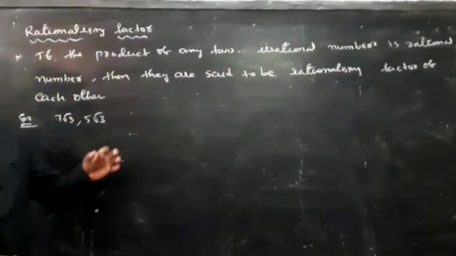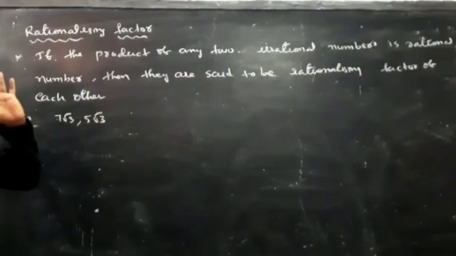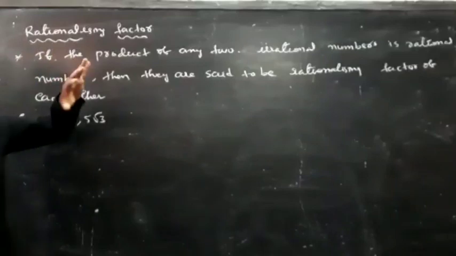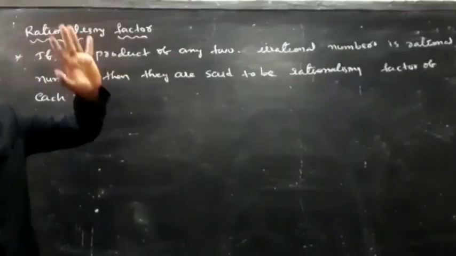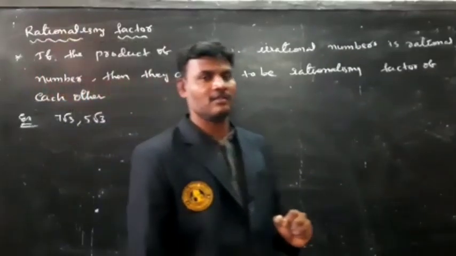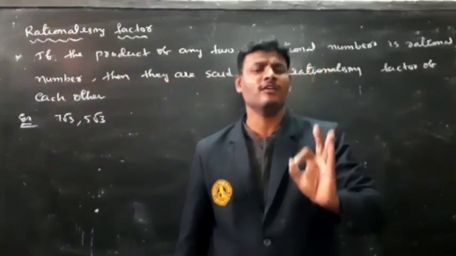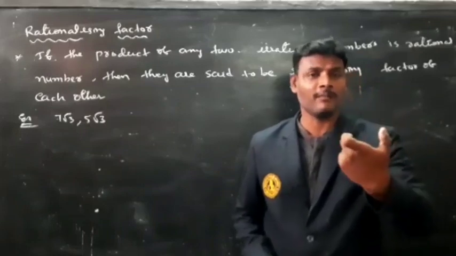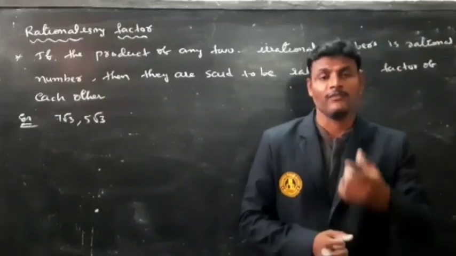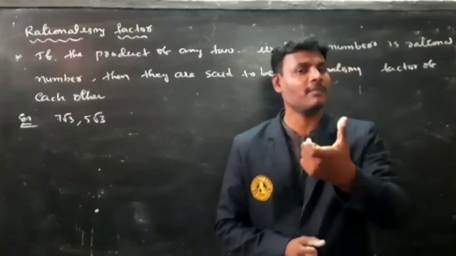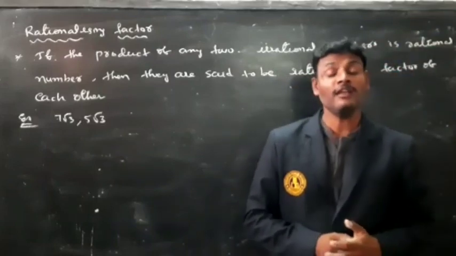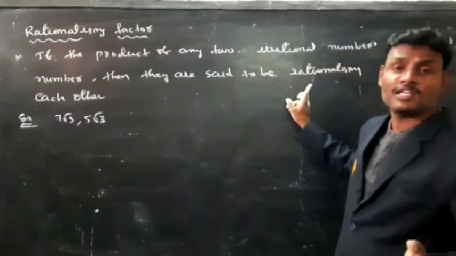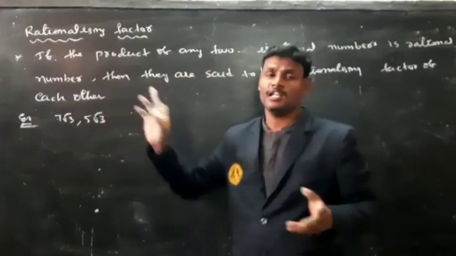9th class students, here is one of the important topics from real numbers, rationalizing factor. So what is the rationalizing factor here? If the product of two irrational numbers is a rational number, then they are said to be rationalizing factors of each other.